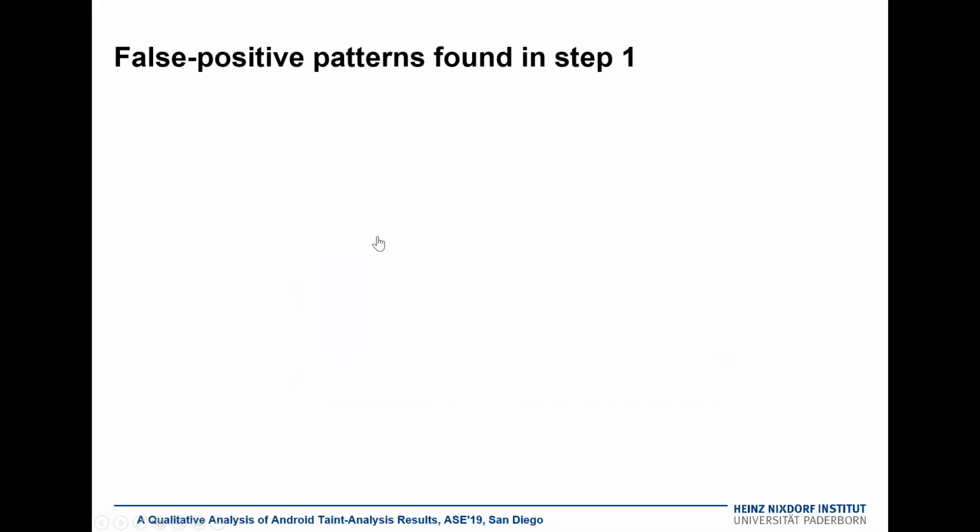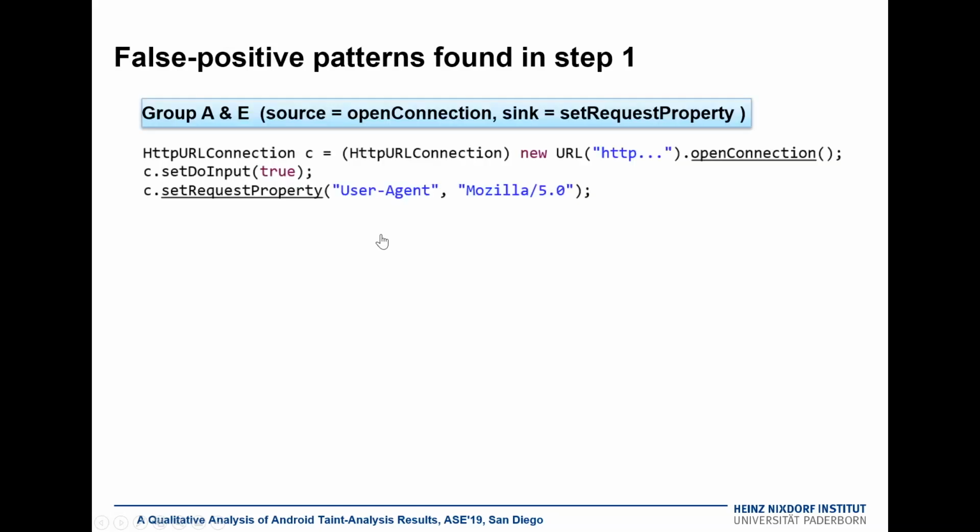During the manual inspection, we identified a few false positive patterns. Here you see an example of the taint flows from group A and E with the source openConnection and the sink setRequestProperty. The source method openConnection creates a connection object.